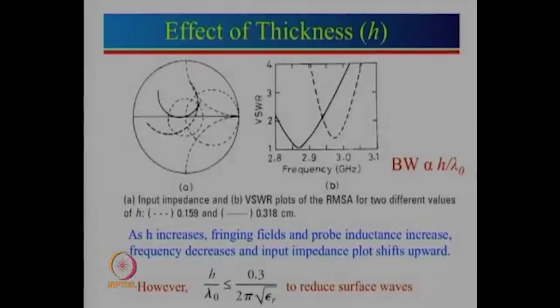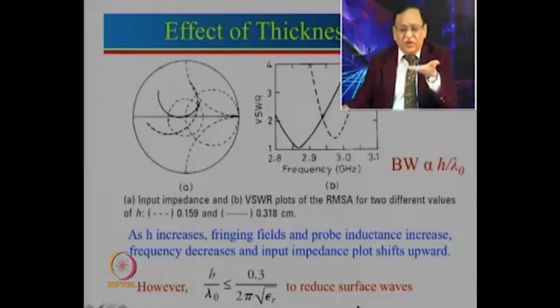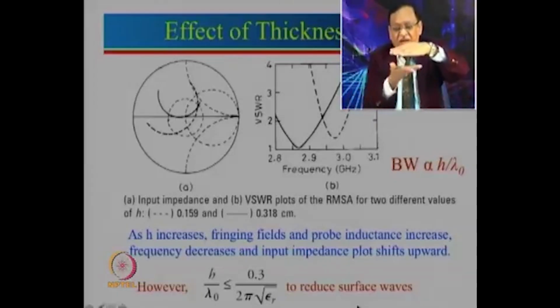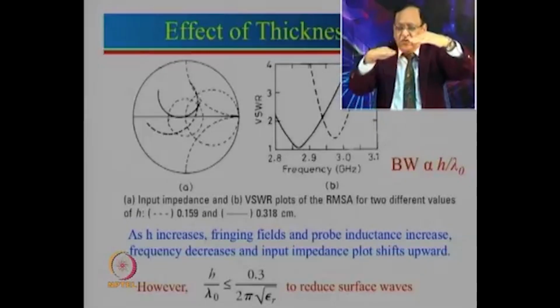There is a limit that h by lambda 0 should be less than this expression, and that is to reduce surface waves. How does the surface wave come into the picture? Think again: we have a patch, and below the patch we have a ground plane. There will be fringing fields from the edges, and this is the dielectric substrate. The fringing field will reflect from the ground plane.